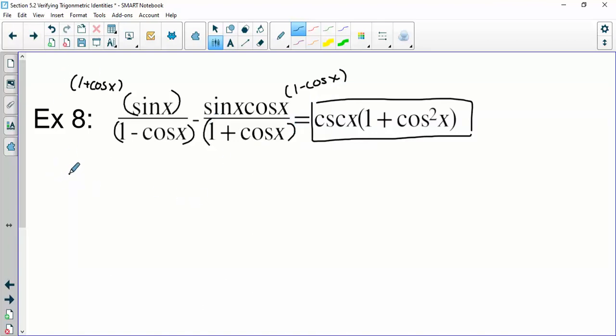Let's see what happens. If we start distributing, we get sine x plus sine x cosine x. On the bottom, 1 plus cosine times 1 minus cosine is 1 minus cosine squared.